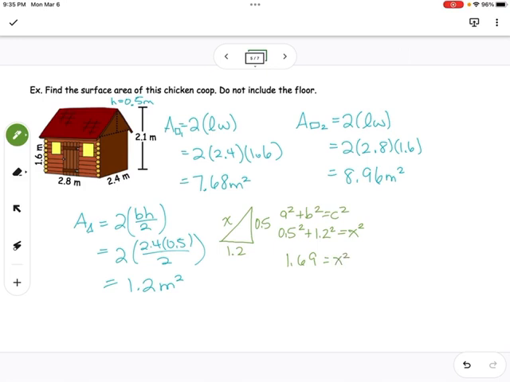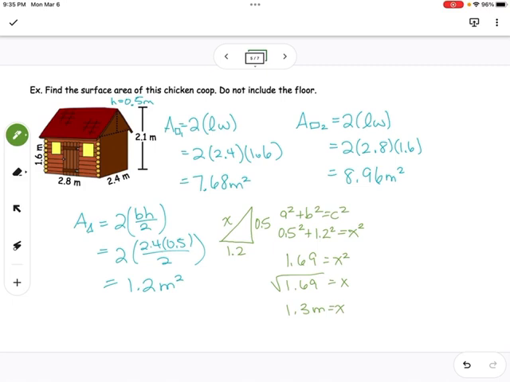Getting x by itself, we need to square root that, and we get 1.3 meters as the width of the roof.